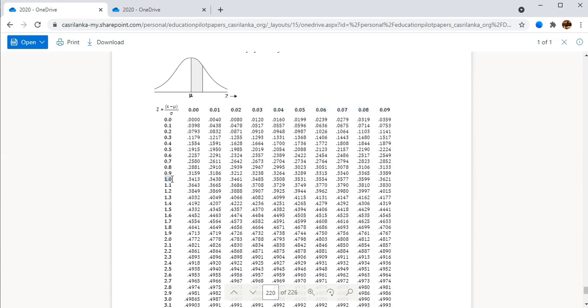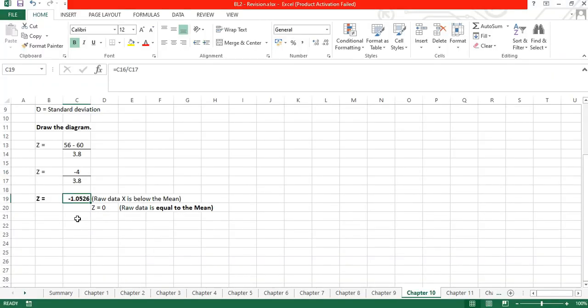You can restrict to 2 decimal places because that is all we can get. So 1.05 gives this value, 0.3531. So the probability for a z-score of 1.0526, which is a minus or plus doesn't matter, is how much?